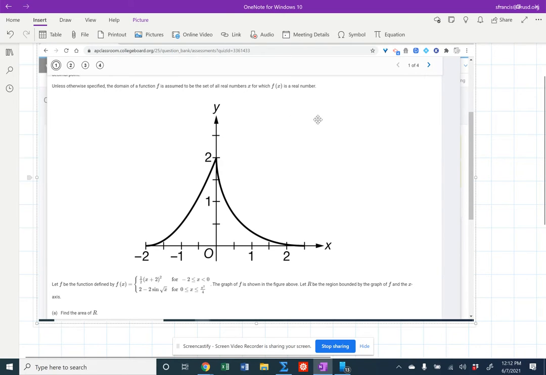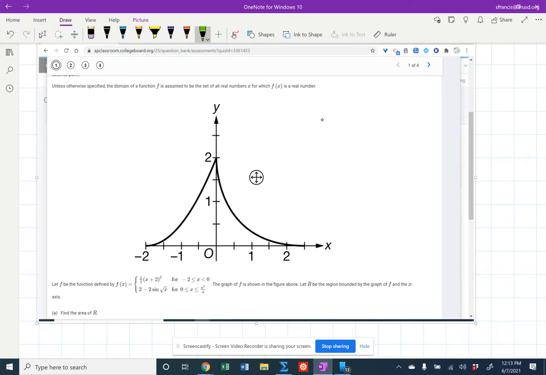area of region R. Now, the thing with this one is we have to do this with two different integrals, and that's true for I think all the different parts, or maybe most of the different parts, because if you look to the left of 0, we have this function here, this parabola bounding the rectangle.